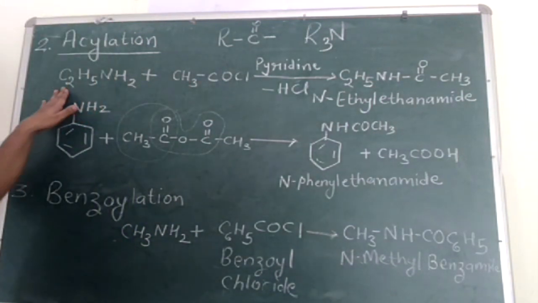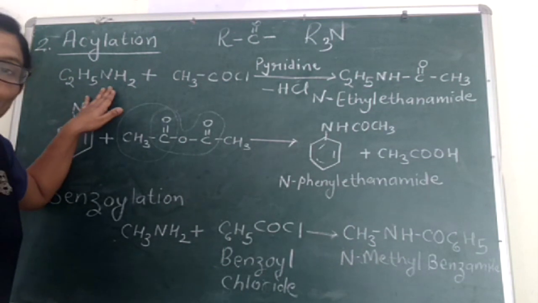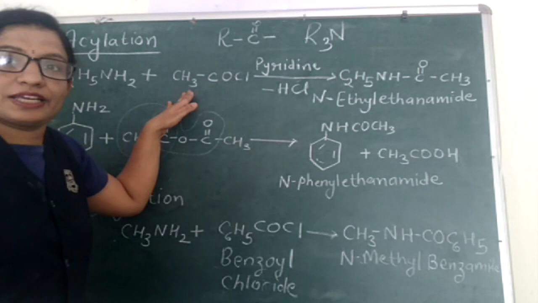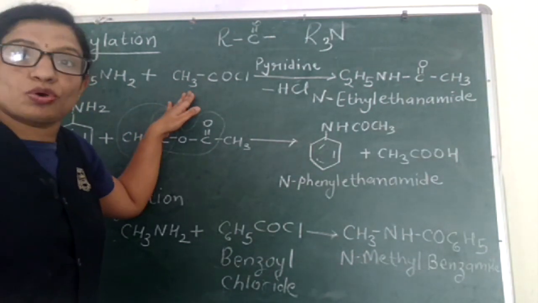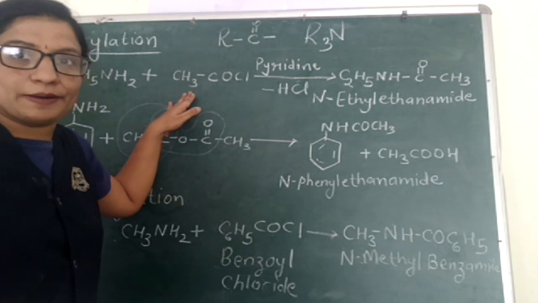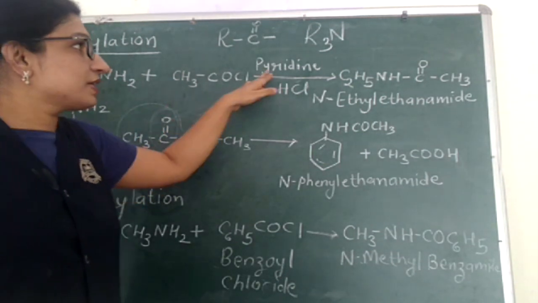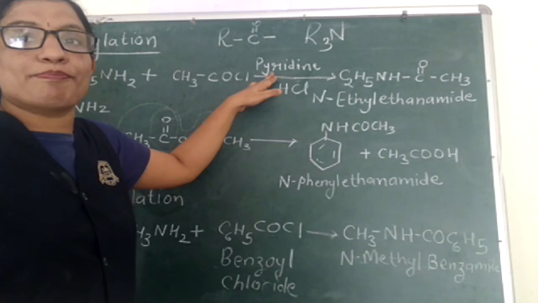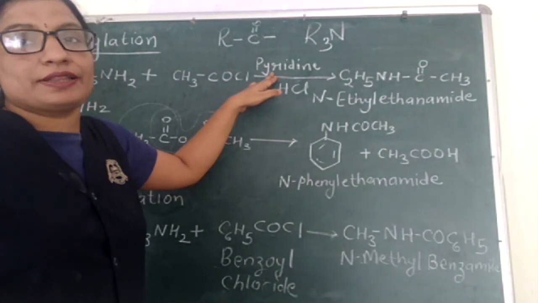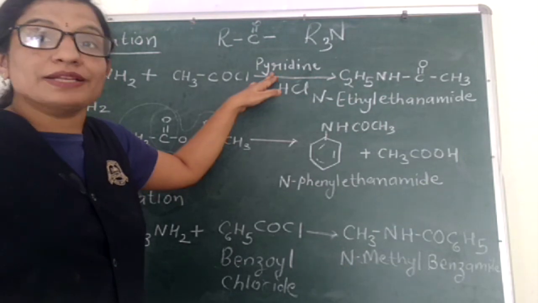Look at this equation. Here we have taken C2H5NH2, a primary amine. It is ethanamine, and the reaction is taking place with CH3COCl, that is ethanoyl chloride. This reaction is taking place in the presence of pyridine, which is a strong base, even stronger than any amine itself.